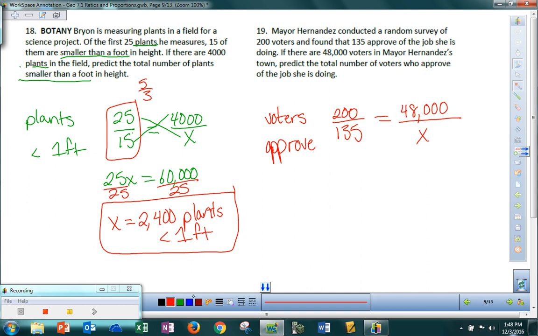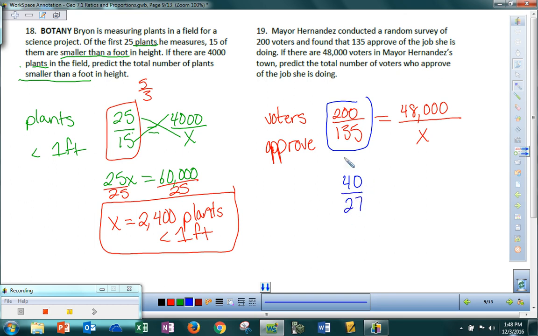So let's see for this one if we can reduce anything before we get started with our solving by cross multiplication. Well, if you notice, this 200 and the 135, it can actually be reduced. In fact, it reduces to 40 over 27.